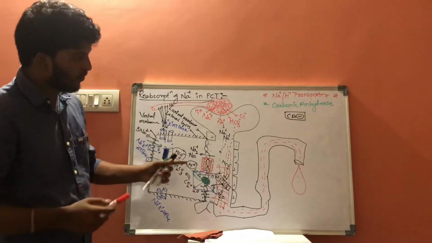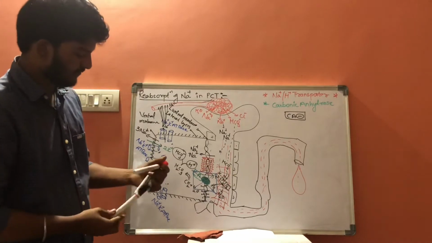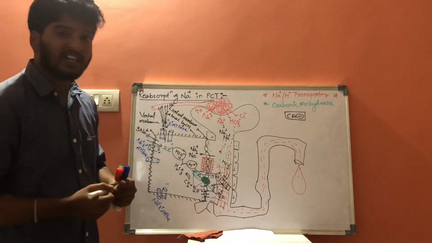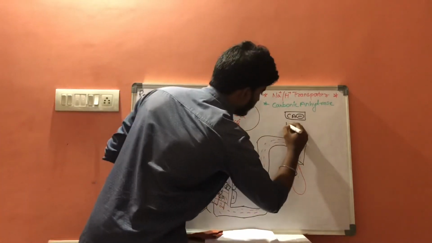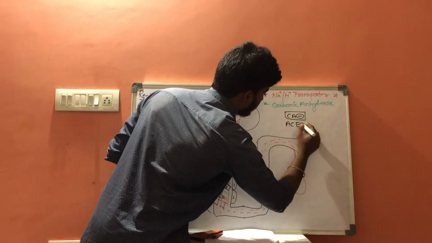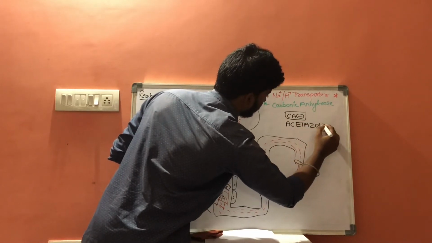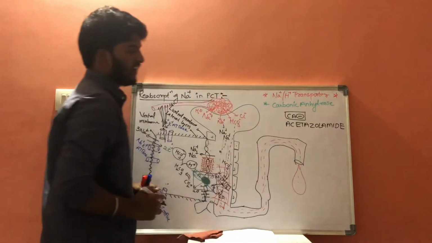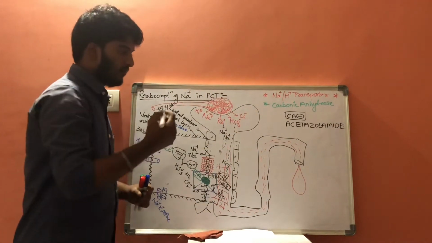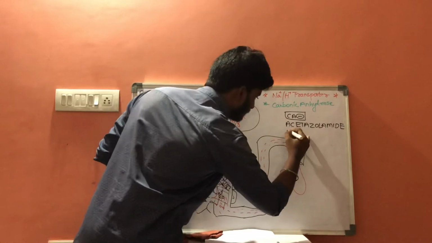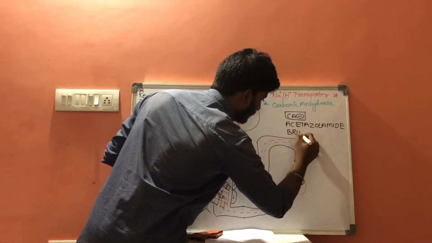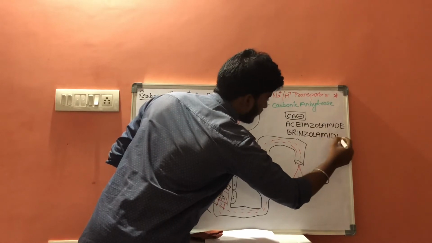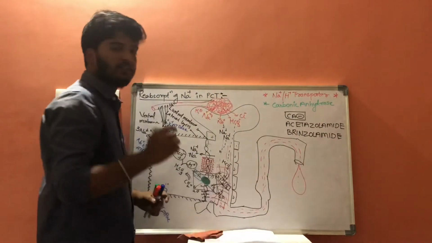The names of the drugs are: first, acetazolamide. This is one drug. The next drug is brinzolamide. And the next one is dorzolamide.